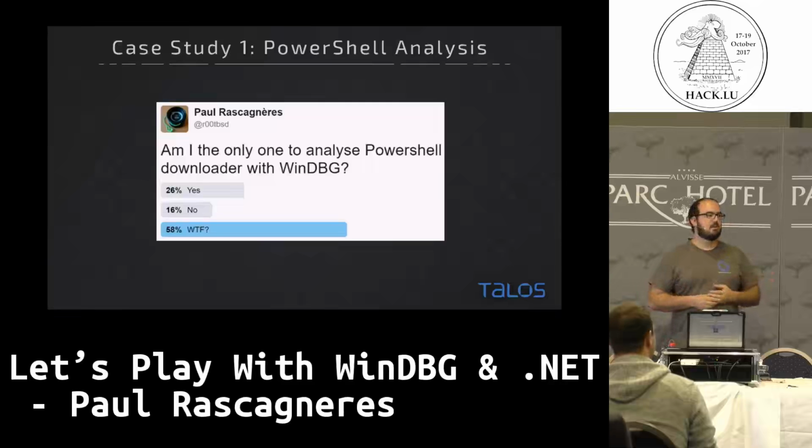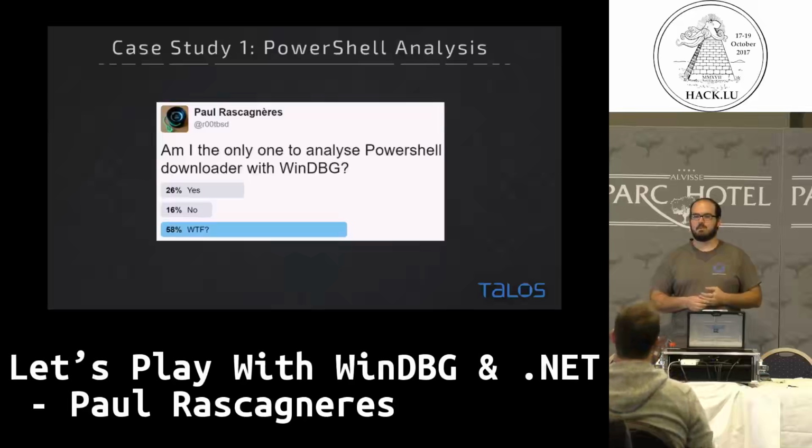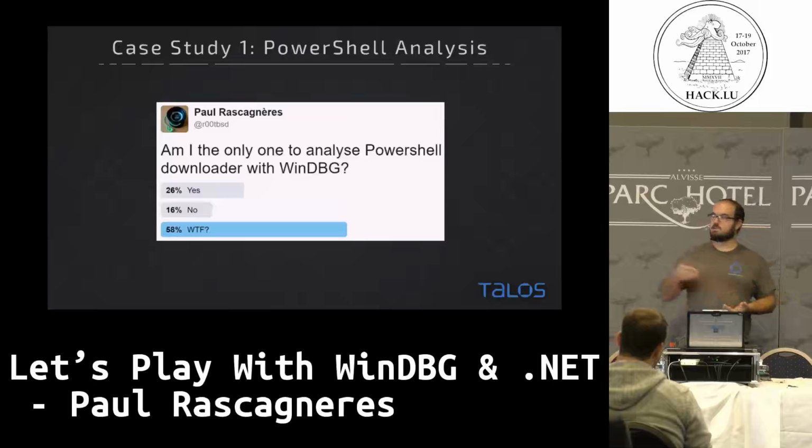But imagine I give you 10,000 scripts with more or less the same behavior, but not exactly the same obfuscation or not exactly the same compression or encryption, whatever. I don't think you will open 10,000 tabs in Notepad to read PowerShell. So in this case, I decided to automate thanks to WinDBG, execute every script on a VM and get the information I want.